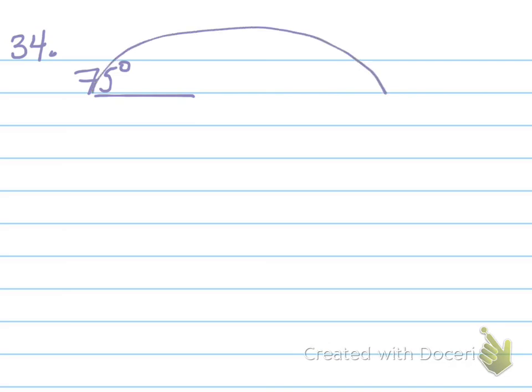Last question is question number 34. Question 34 says, Brandon launches a projectile at an angle of 75 degrees above the horizontal, which strikes the ground at a certain distance downrange. For what other angle of launch at the same speed would the projectile land just as far away?